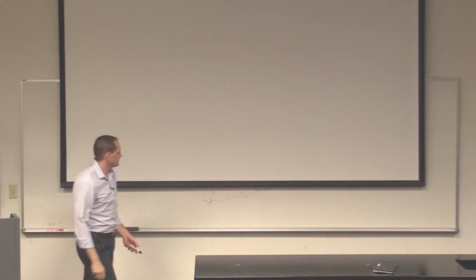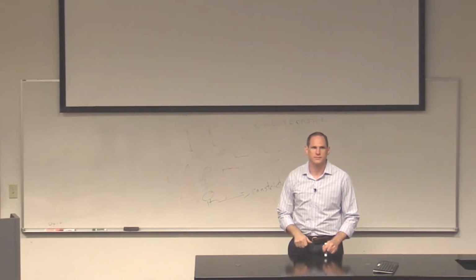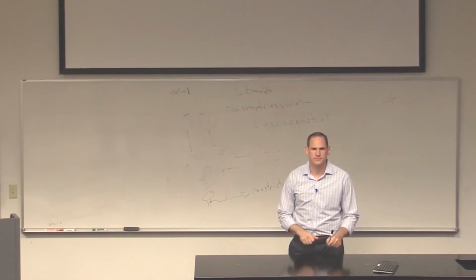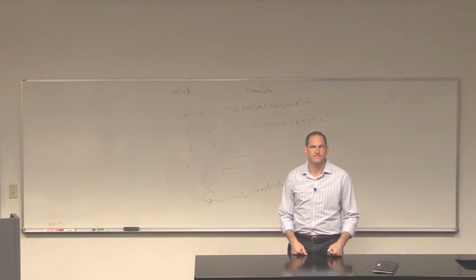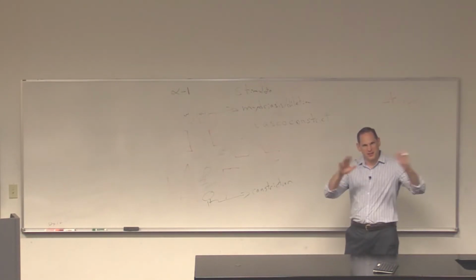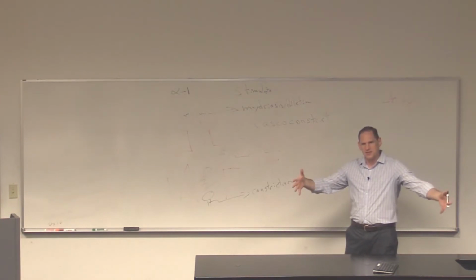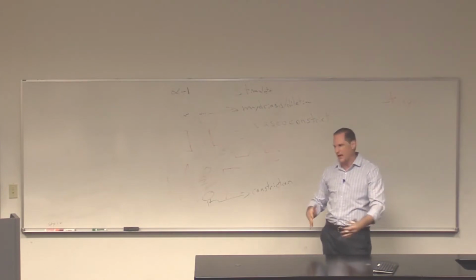So back to our story. All right, so now that we've talked about that little sidebar, let's talk about some of the reasons and drugs that can actually stimulate alpha-1.